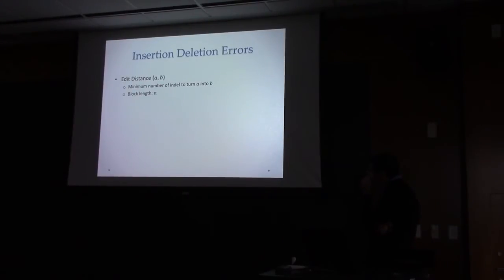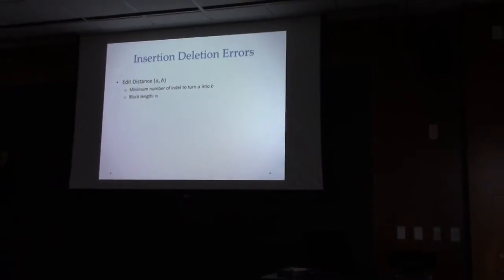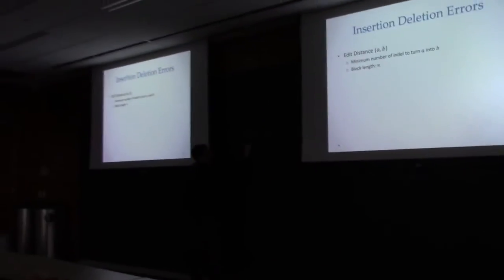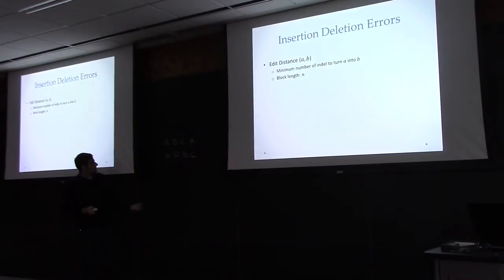Now I'm going to define a distance which is going to be helpful when it comes to insertions and deletions, and that's edit distance. Edit distance between two strings is the minimum number of insertions and deletions you have to make in order to turn A into B. Can anyone say what the edit distance is here?